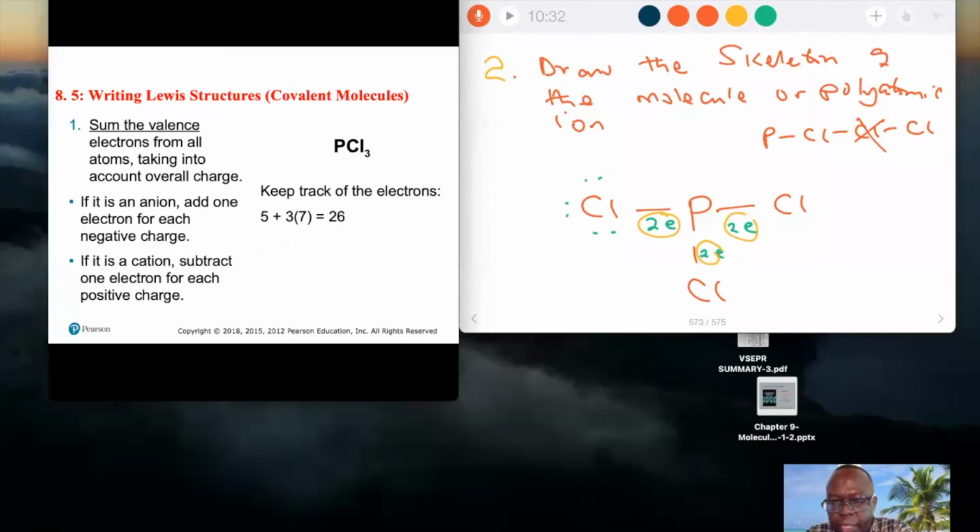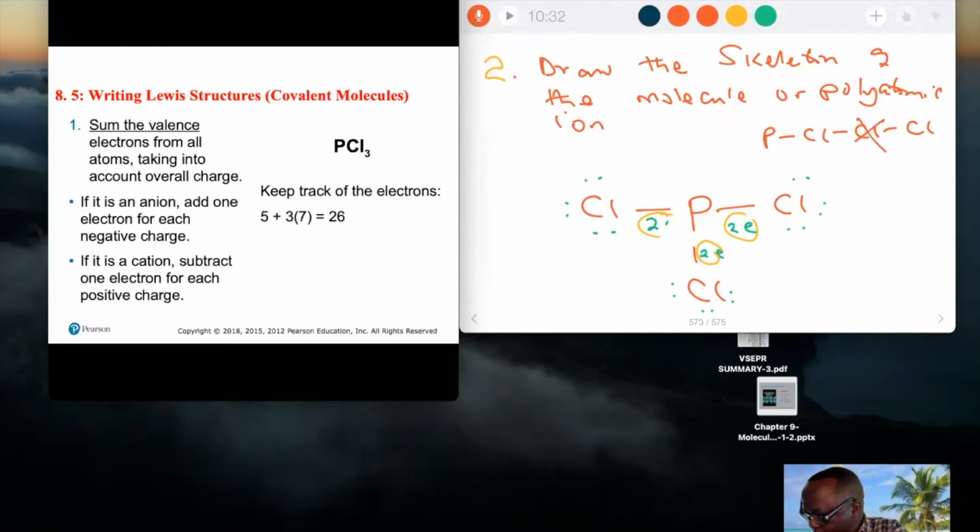So I've used 6 out of 20, 14 remaining. Let me give this 1, 2, 3, 4, 5, 6. I've used 12, 8 remaining. 1, 2, 3, 4, 5, 6. So I've used 6, 2 remaining. What will you do with the remaining? You give it to the central atom.